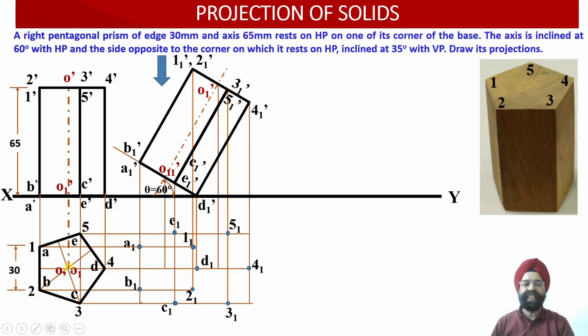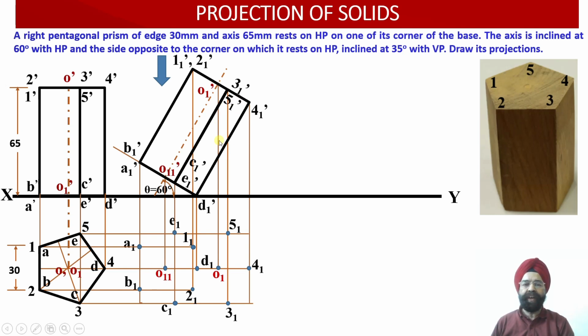Now finally, let us evaluate the axis point. We have drawn this horizontal projector line through O and O1. Now let us evaluate. This is the point O1, 1 dash. If I draw a vertical projector line through this point, we will get O1, 1, the intersection point. Similarly, this is the axis point of the top face.